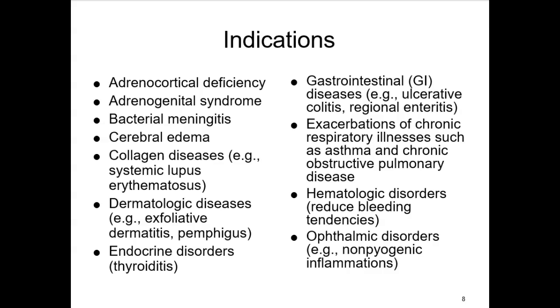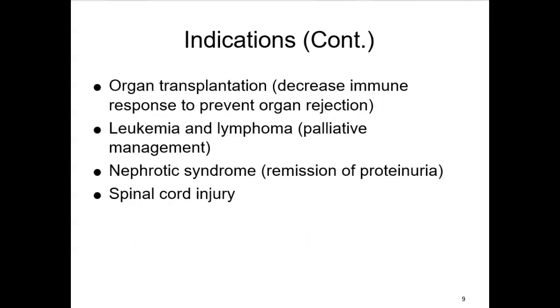Some of the other reasons we might give it are on this next slide for you. If the person has an organ transplant, we do not want the immune system to reject that, so we modulate the immune system so it's not so active. Leukemias and lymphomas, nephrotic syndromes, spinal cord injuries, to decrease inflammation surrounding that injury.